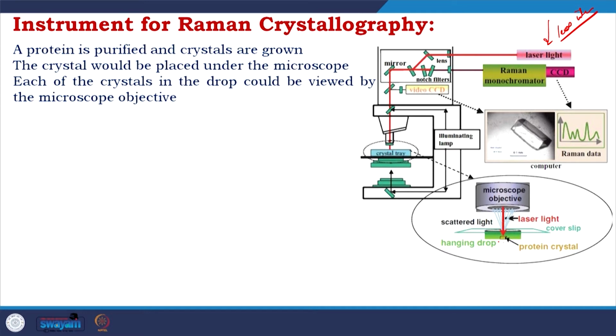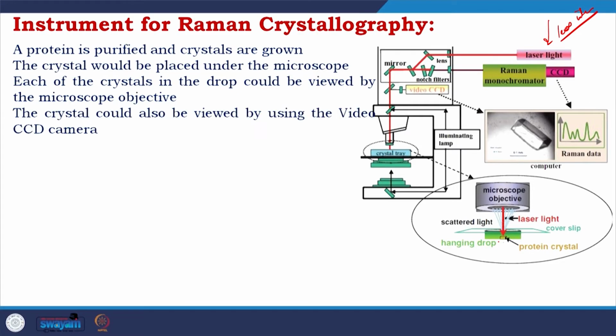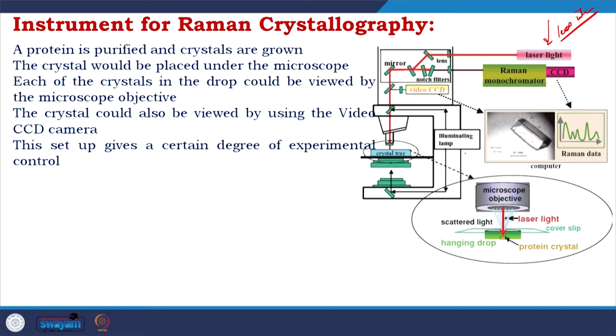Each crystal in the drop could be viewed by the microscope objective. To make it better, you could put in only a single crystal, which gives even more experimental control. The crystal could also be viewed using the video CCD camera, as shown here. This setup gives a certain degree of experimental control.